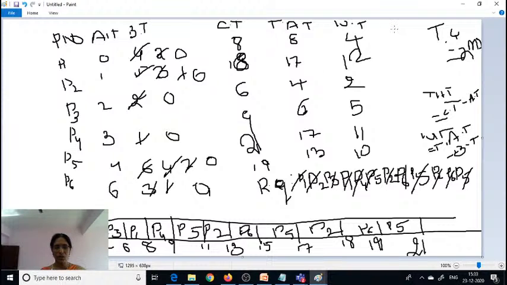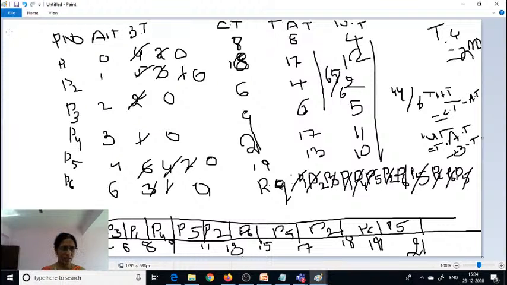So what do the total turnaround times become here? The total turnaround time for this is 65. If you add them up, the total turnaround time comes to 65 and the total waiting time is 44. So the average waiting time is 44 by 6 and the average turnaround time is 65 by 6.